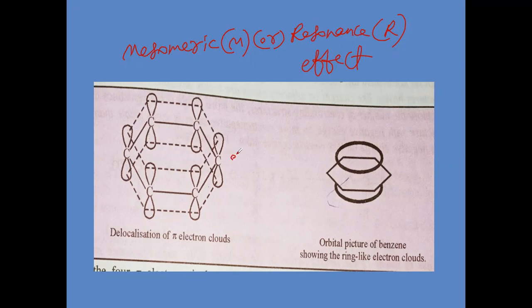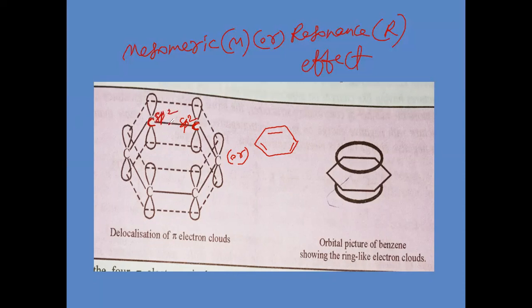The structure is nothing but benzene. We know the benzene molecule has alternate double bonds. Suppose you take here a pi bond, single bond, again pi bond, single bond, again pi bond, single bond. So this is carbon here, an sp2 carbon. This is also carbon, again an sp2 carbon.